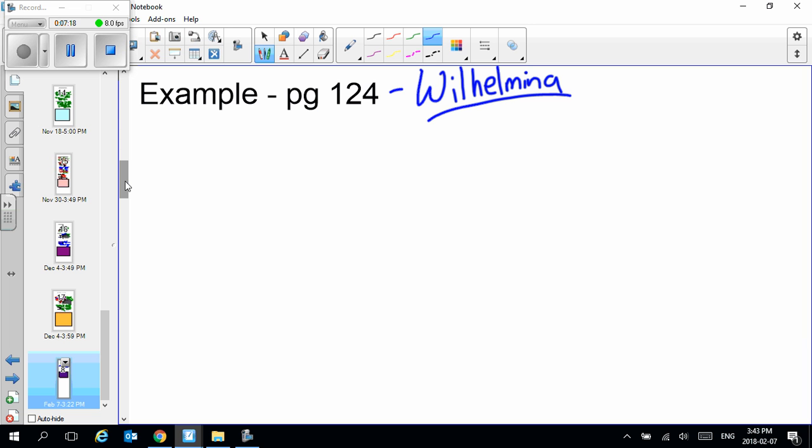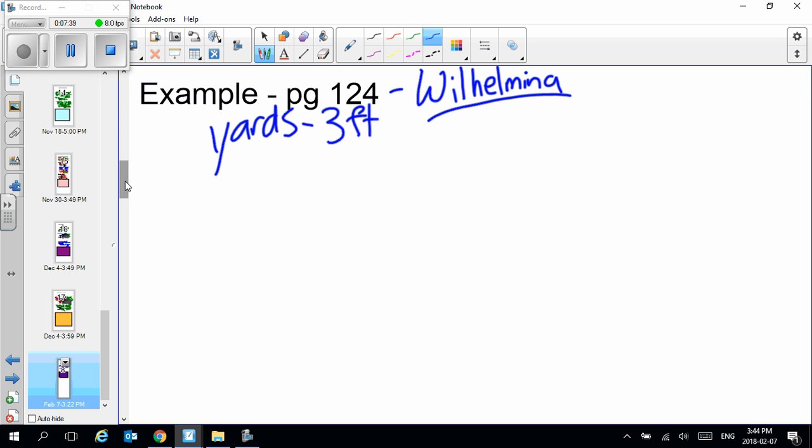She has to order fabric. Fabric is in yards. Okay? Looking on page 124, they give us a handy little conversion. 1 yard is 3 feet. Okay? That's going to be important to keep in mind a little bit.